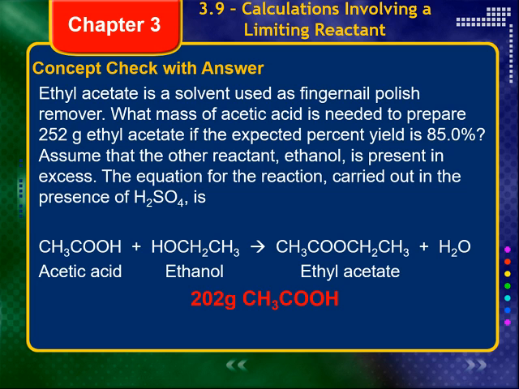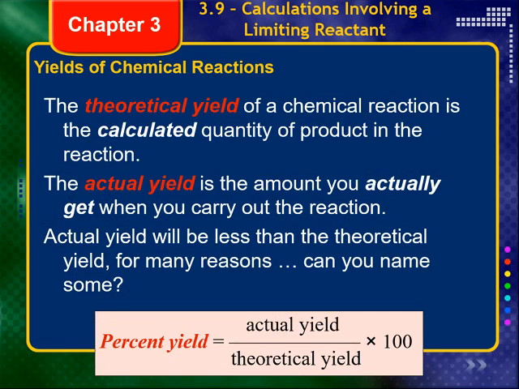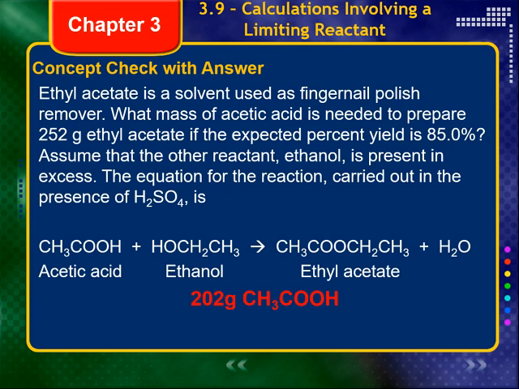The equation for the reaction carried out in the presence of H2SO4 is the acetic acid plus the ethanol react to form ethyl acetate and H2O. Because we can calculate easily what the theoretical yield is, and we know that we want our percent yield to be 85.0%, we can plug those into this equation down here at the bottom, and we can calculate what our actual yield is going to be that we need.